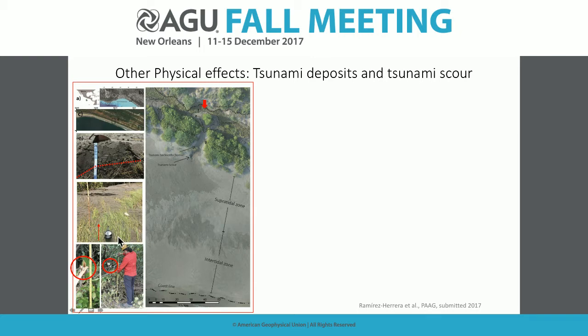But I added an arrow here. This area is covered by mangroves, and there are several lagoons. You can see the mangroves were broken, with branches like this, so we used these to measure the runup in the field.